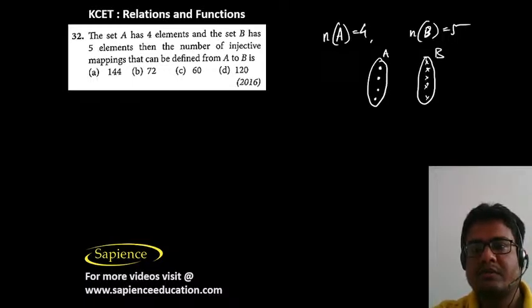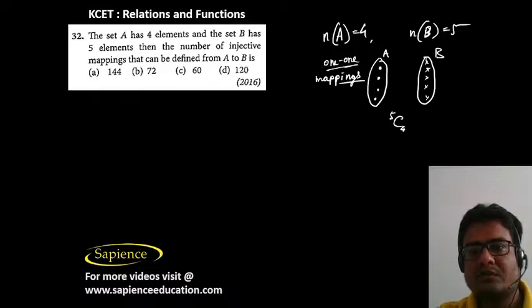These 4 elements should map with any of the 4 elements in B, since it should be 1 to 1. Only 1 to 1 mappings should be formed, since it is injective. So any 4 I can choose from out of these 5 elements in the set B, we have to choose any 4 elements by 5C4 ways.